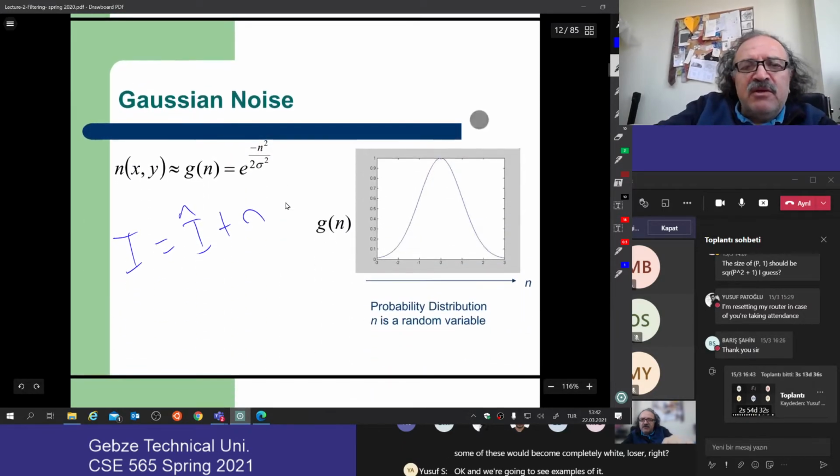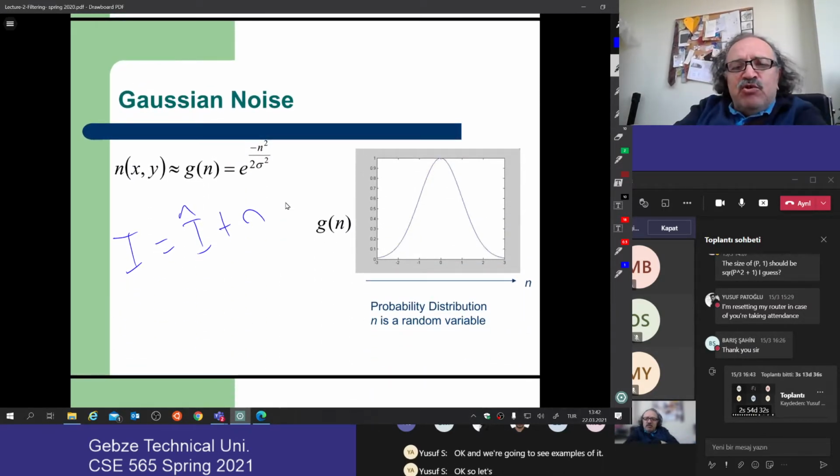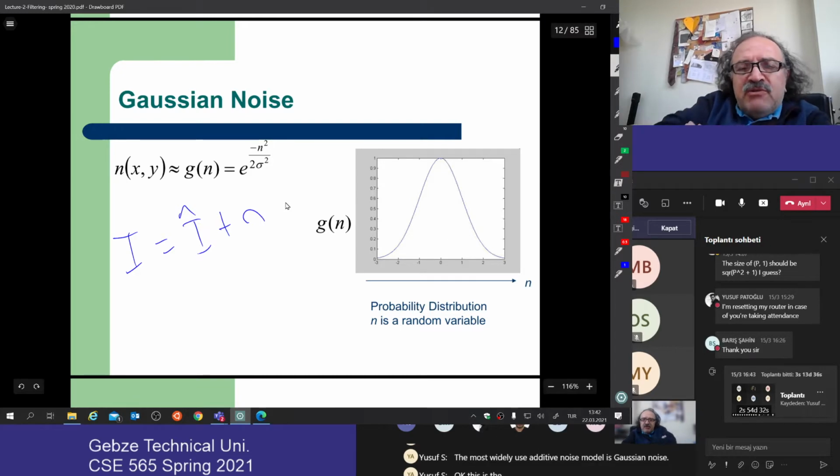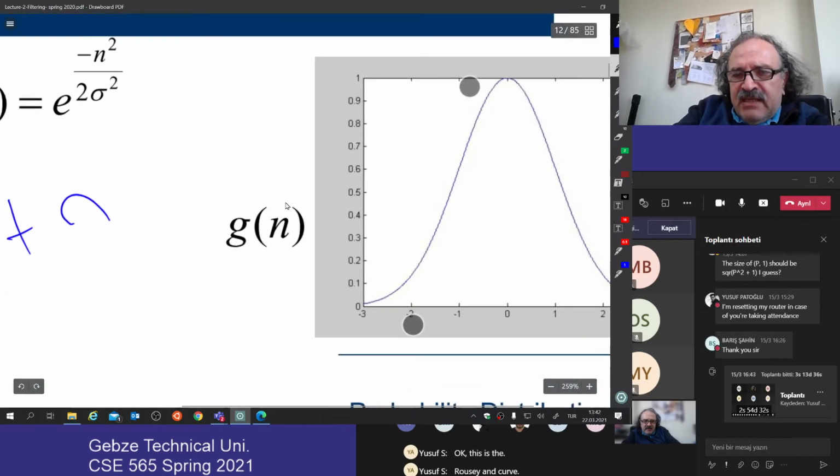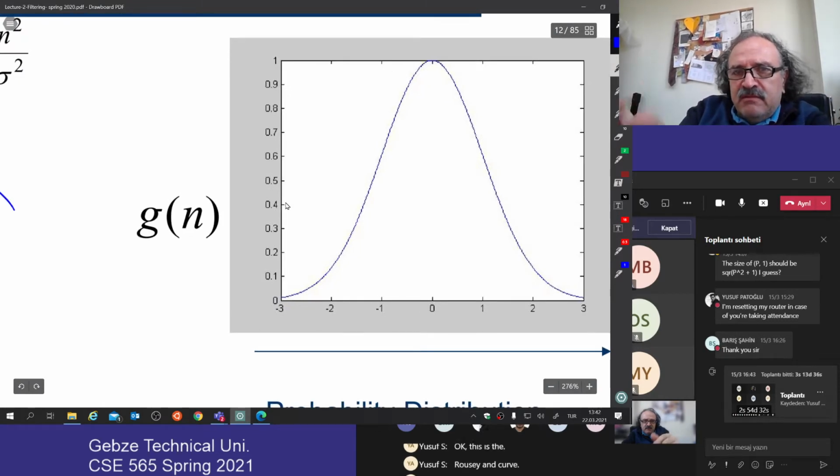Let's look at the distributions for the noise. The most widely used additive noise model is Gaussian noise. This is the Gaussian curve, again centered around 0.